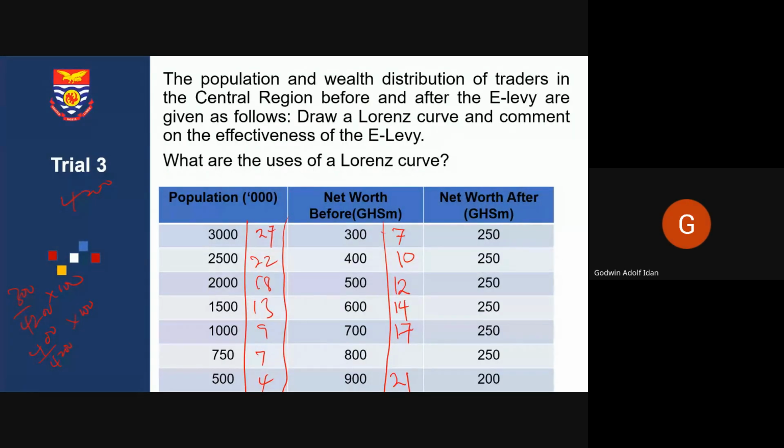Now it's left with 800. 800 is 19. Okay. Let's try and see if the summation will be 100. Yes, please, it's 100. Okay.